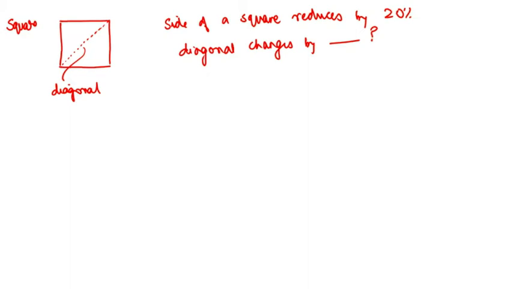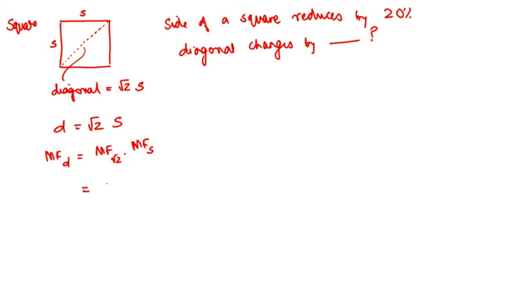Now what is the diagonal? If the side is s, Pythagoras theorem says the diagonal is root 2 s. So the multiplying factor of the diagonal is the multiplying factor of root 2 into the multiplying factor of s, s being the side.